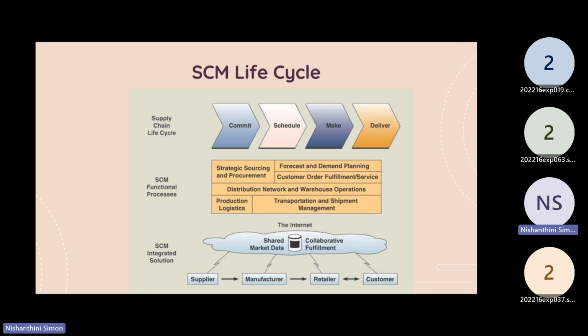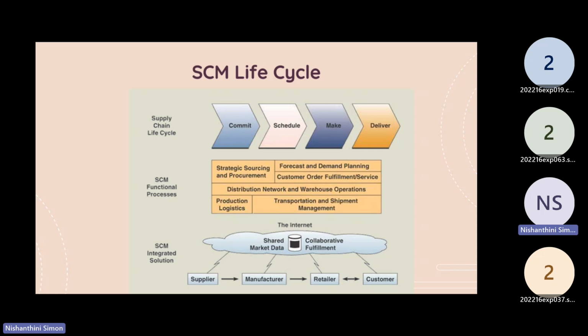Earlier we were talking about the inventory management system, which may be only in the warehouse or in the store. But now the inventory management system is also incorporated. So the warehouse and the stores are also connected with this one system. Rather than having separate systems for the store, now we have this SCM.